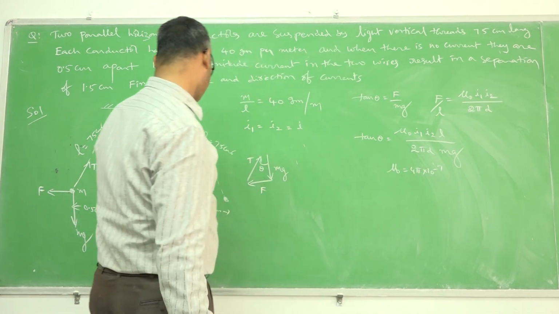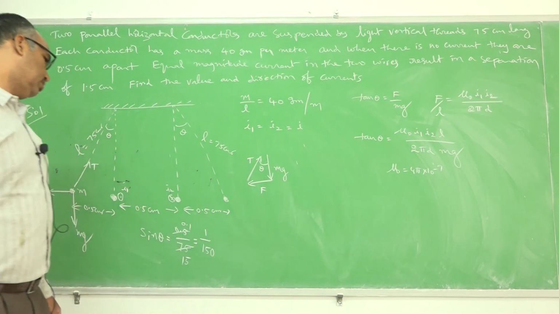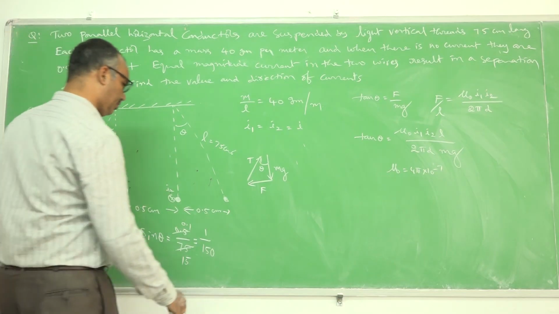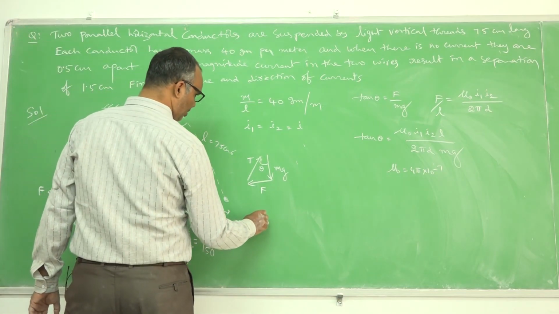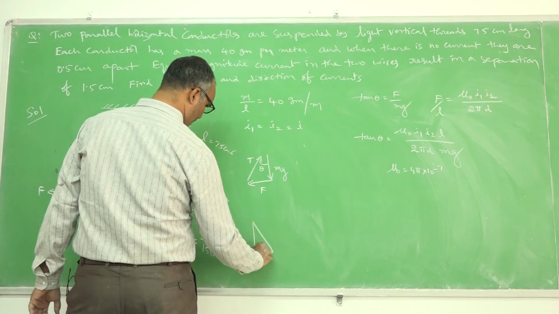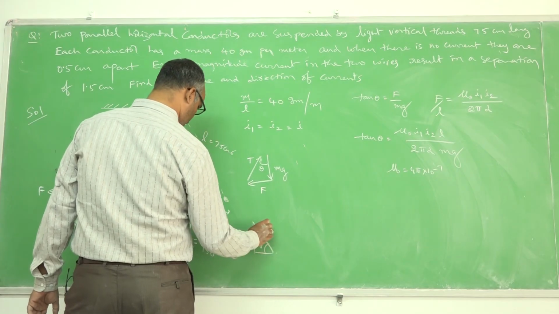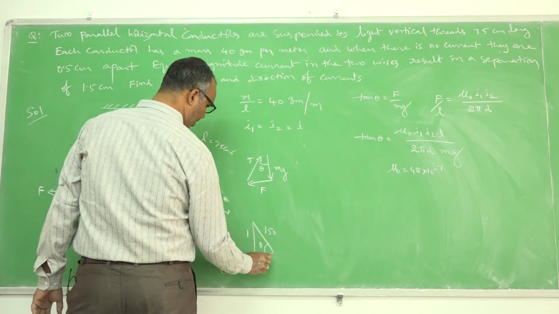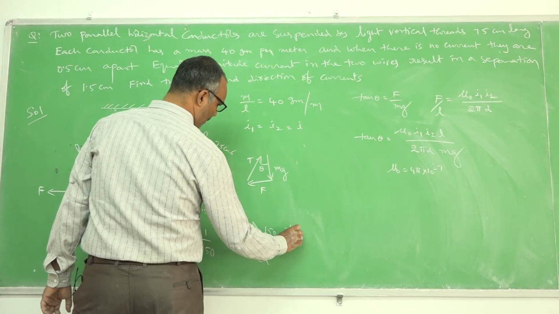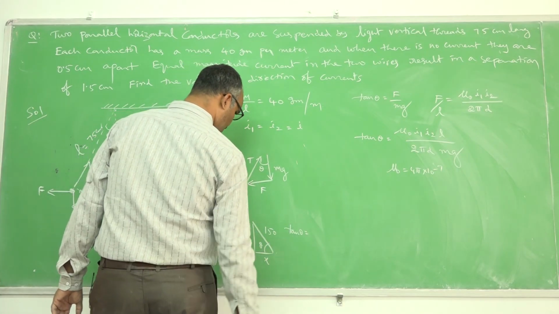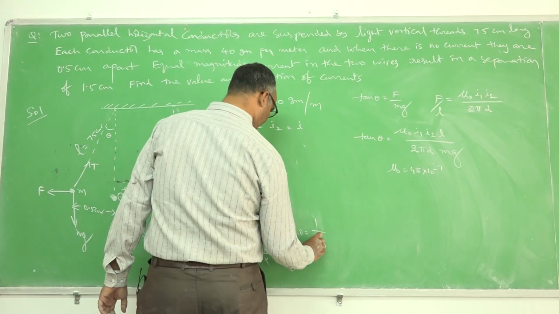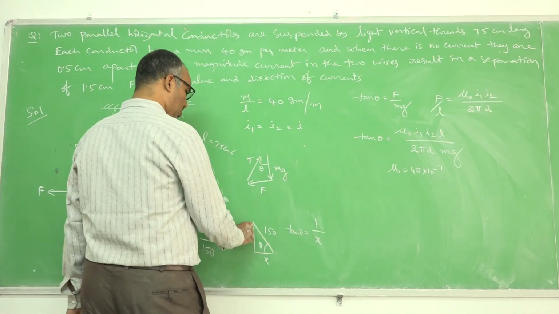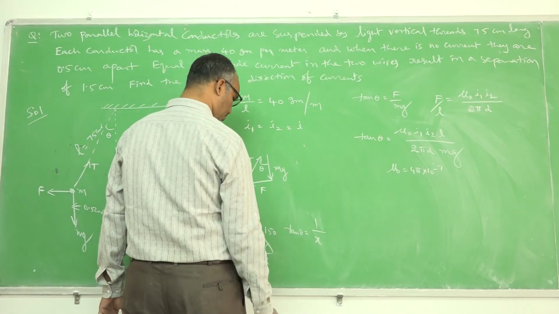Sin theta is 1 by 150; if it is x, tan theta is equal to 1 by x. 1 square plus x square is equal to this one.